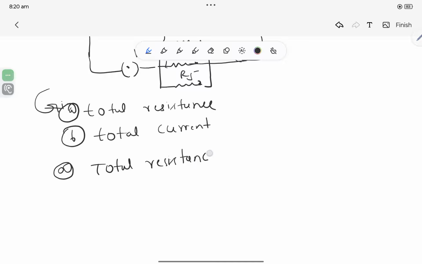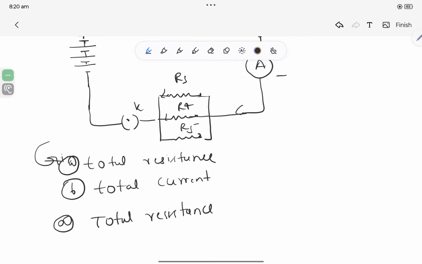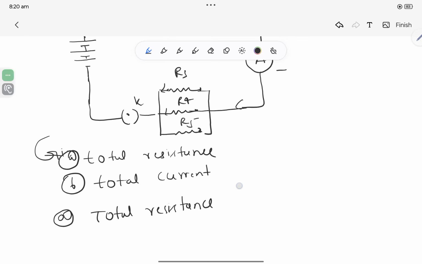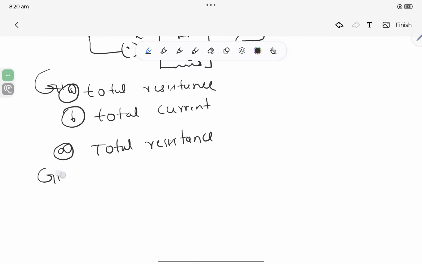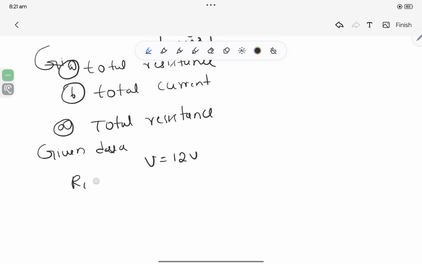Here two parts are there. So, given data first. Voltage is given, 12 volt. R1 is equal to 10 ohm. R2 is equal to 40 ohm.